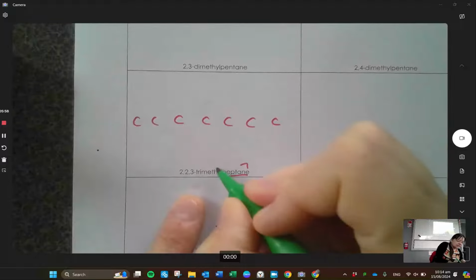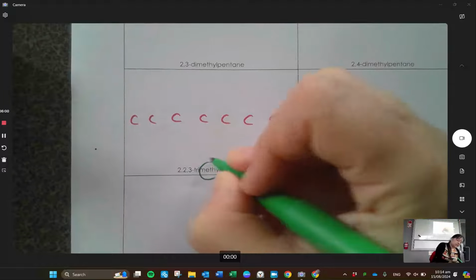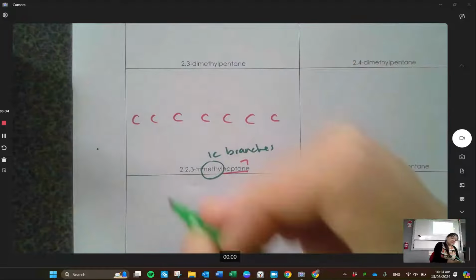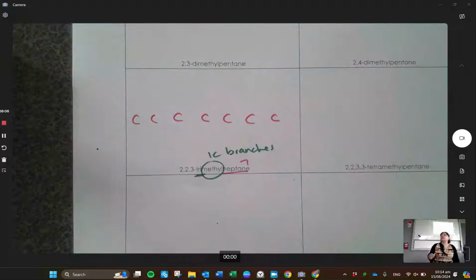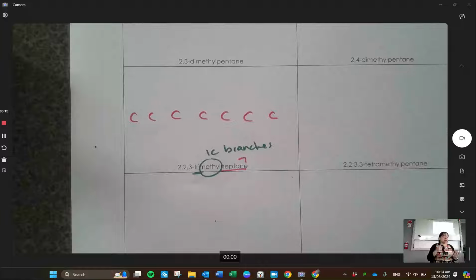You see how it says methyl again? That tells me they're 1 carbon branches. There's a tri in front because that tells me there are 3 methyls in this molecule. And then this tells me the location of where I would find these methyls: on carbon 2, carbon 2, carbon 3.